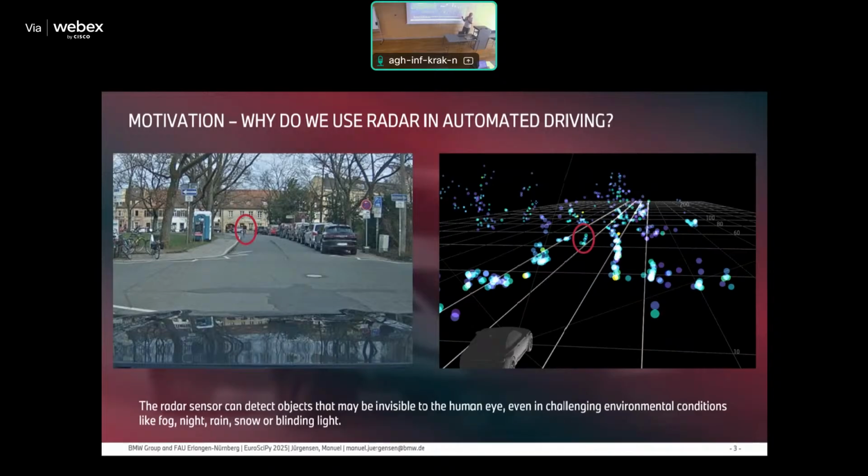But on the radar image, it's quite clear. And keep in mind, with a radar sensor, we can do that up to 100, 200 meters. And we can do that in foggy conditions, if we get blinded by upcoming traffic, in rain, and also in the night, if the cyclist isn't well lighted.